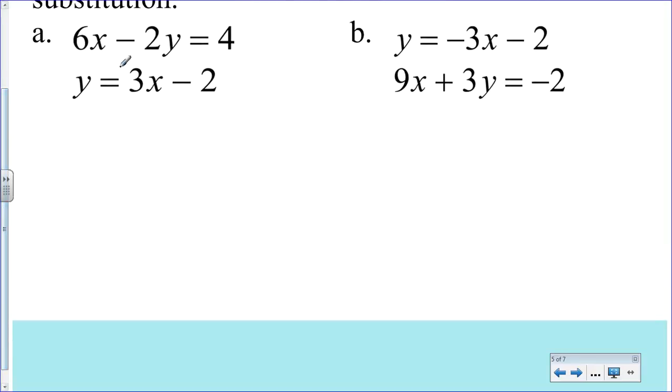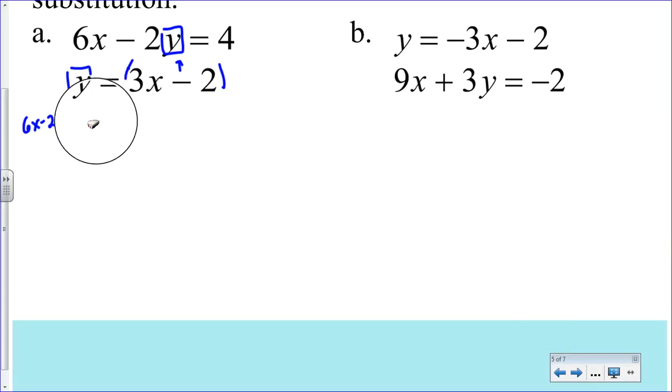Notice in this next problem here, the y is by itself on the second equation. Okay, so we're just looking for where the y is by itself, and we're going to take that expression and plug it in for the y in the other equation.